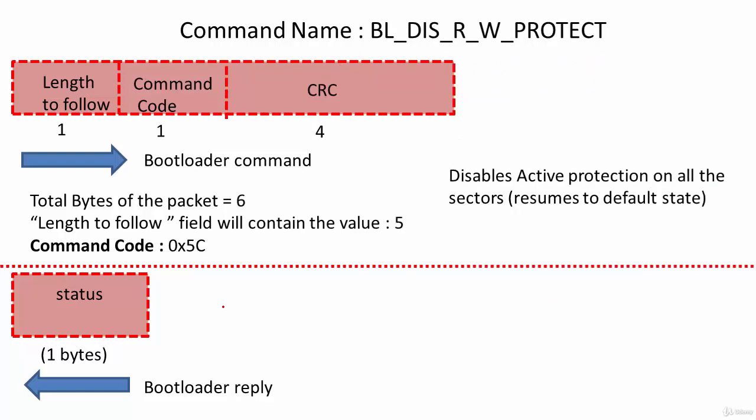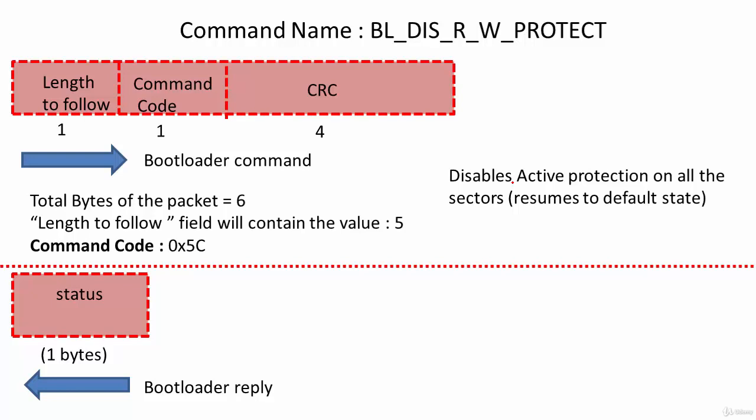Now let's move to the next command, bootloader disable read write protect. So this command is very simple. It doesn't have any arguments. Okay, so this actually disables active protection on all the sectors. So it will resume the status of the sectors to its default state.